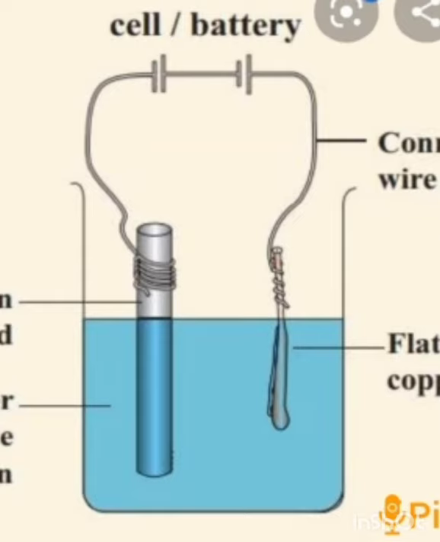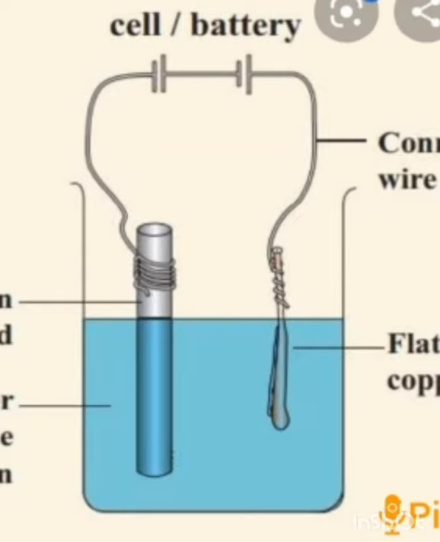You can see that the solution in the beaker is copper sulfate solution. Then by connecting wires, everything is made connected, is it not? So if it is like that, you just switch on the battery. After some time you will see some of the copper particles deposited over the carbon rod.